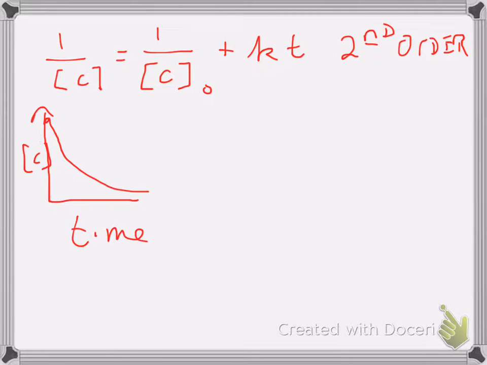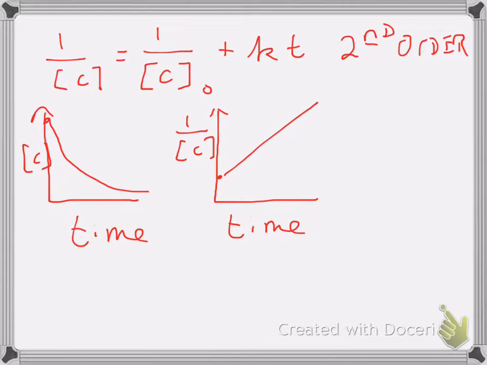But mathematically, we should be able to determine the difference between the two because one will fit a 1 over concentration with time. If we plot the 1 over concentration versus time here, we will get a point on the y-axis, which is going to be 1 over C0, the intercept. And then we see a straight line with a slope equal to k.